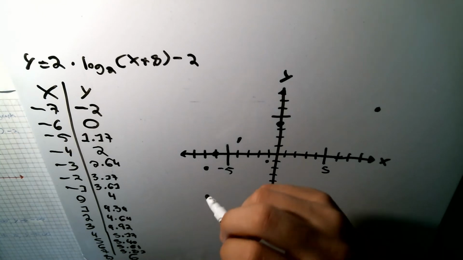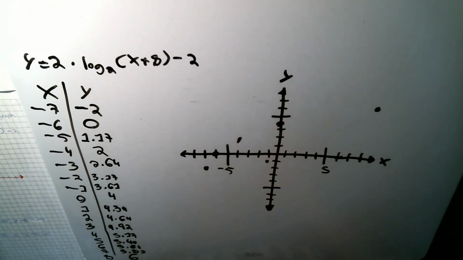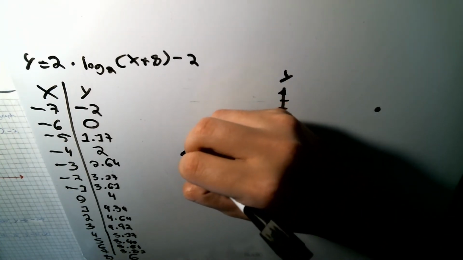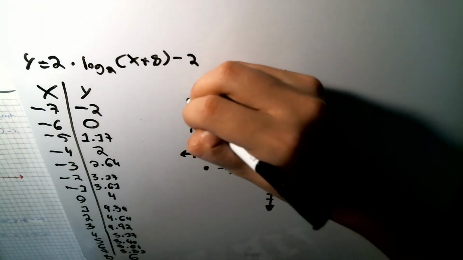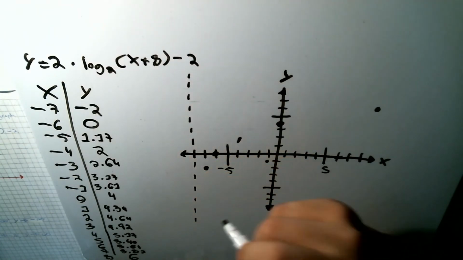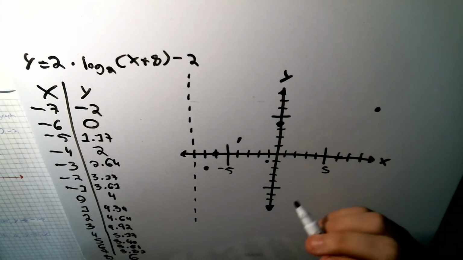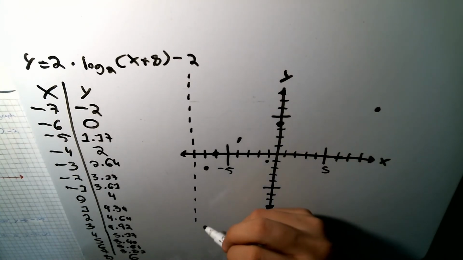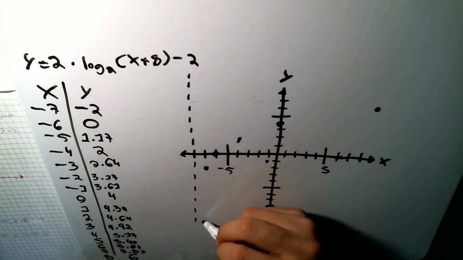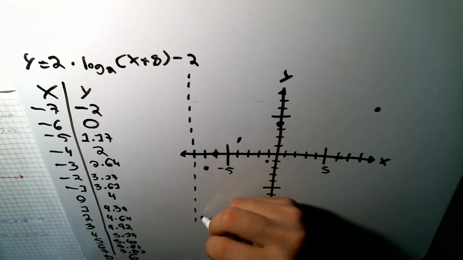Now we're going to graph the asymptote, which is minus 8. It goes to infinity. So the graph, we're going to put together the dots and we're going to get this.